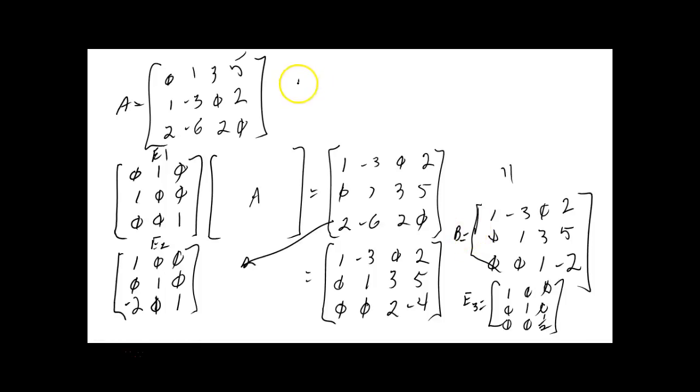This matrix B, we got by starting with matrix A and multiplying on its left by E1, then on its left by E2, and on its left by E3, and that gave us matrix B.